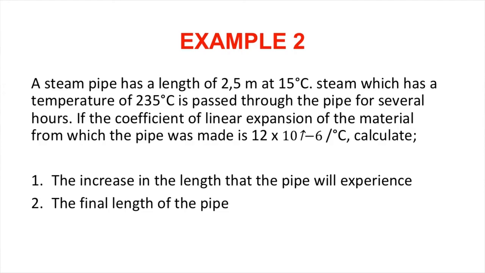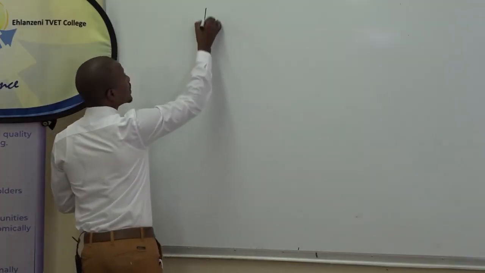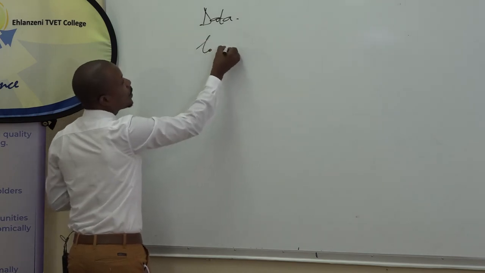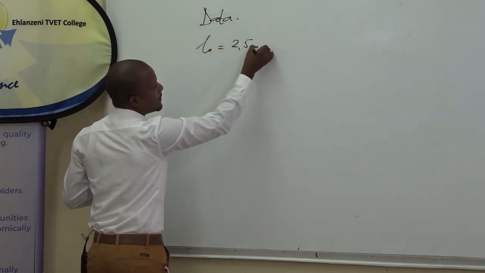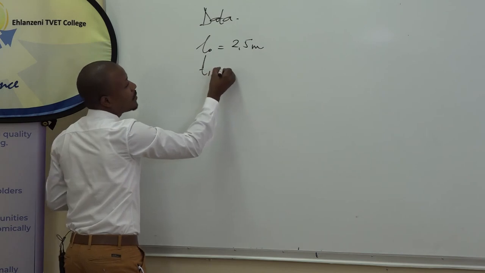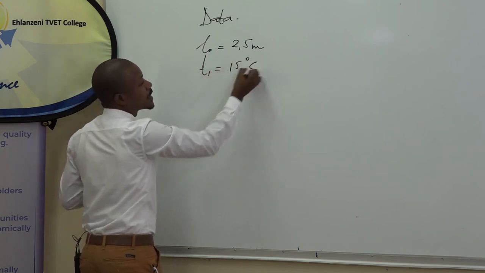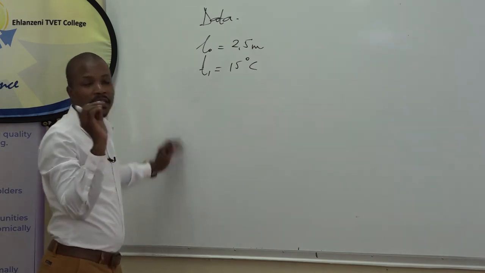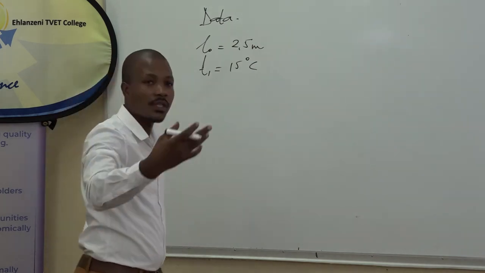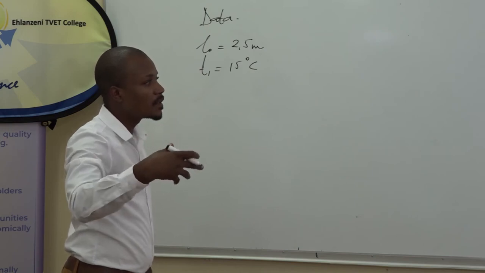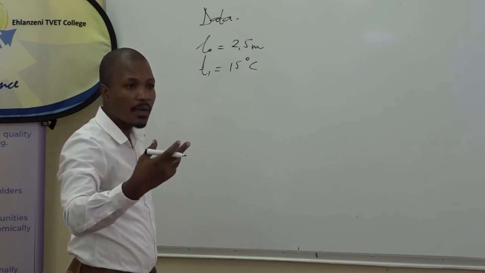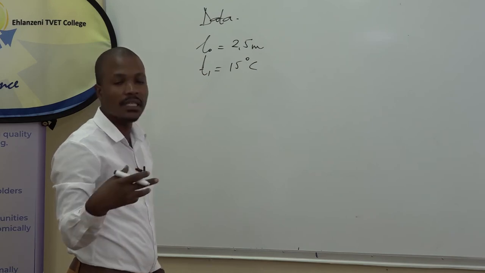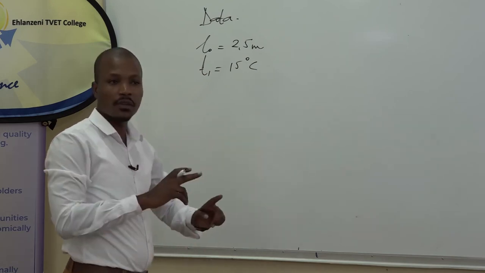Right. Let us take out our data. We have the original length, L0, which is 2.5 meters. We have our initial temperature, which is 15 degrees Celsius. And then we have steam, which is passed through this pipe. When this steam is passed through this pipe for several hours, and the steam has a temperature of 235 degrees Celsius, what happens to the temperature of the pipe?